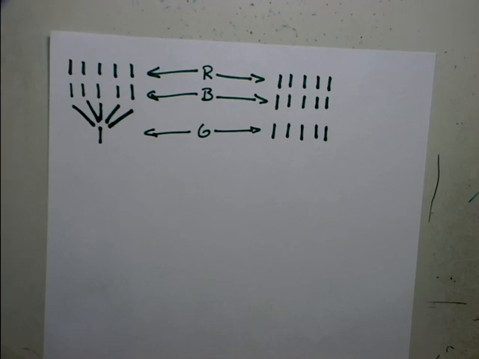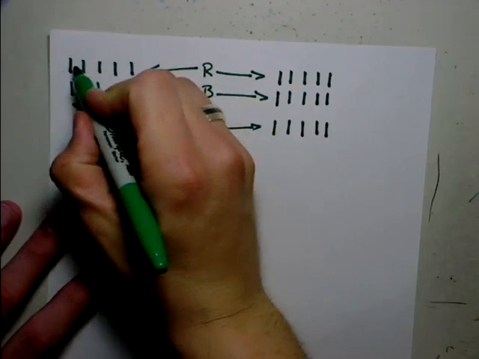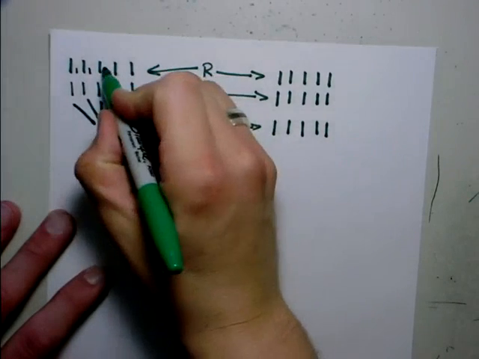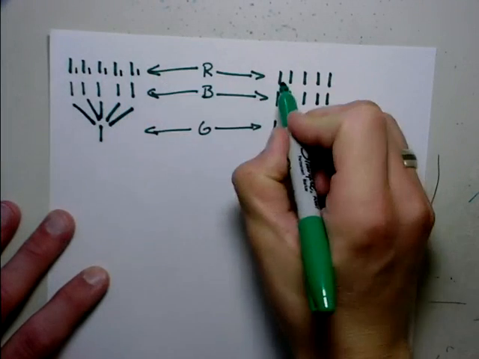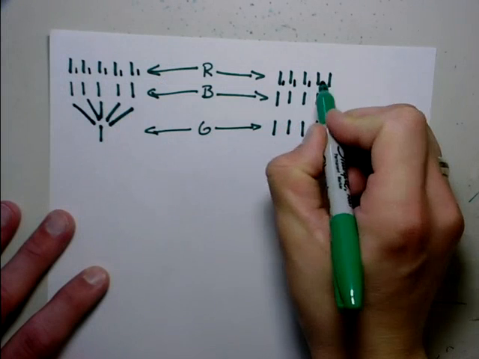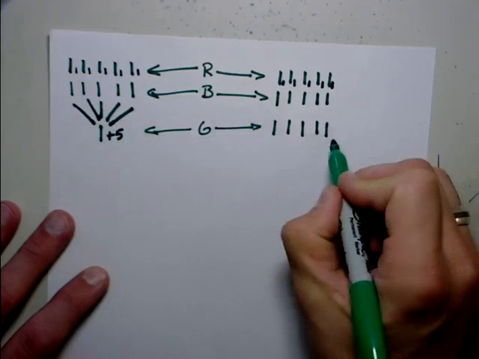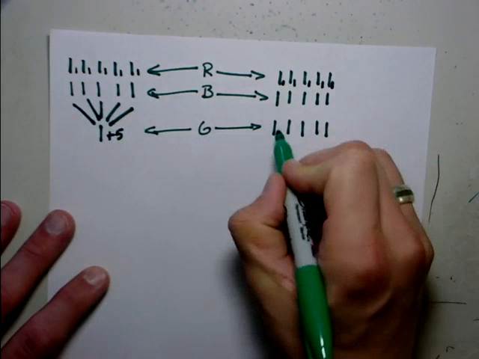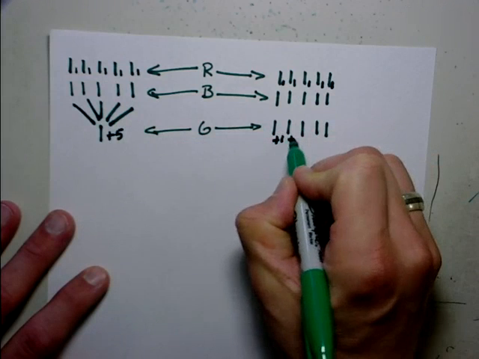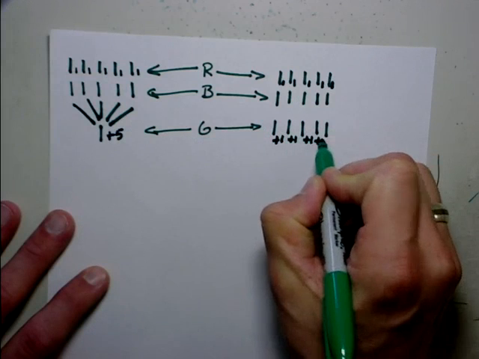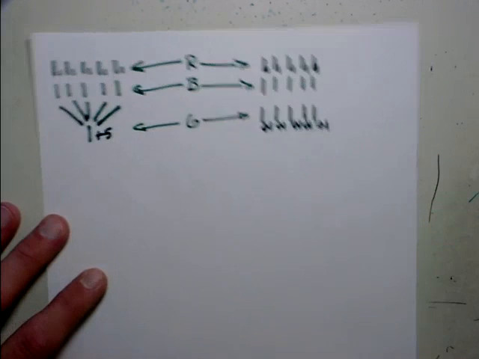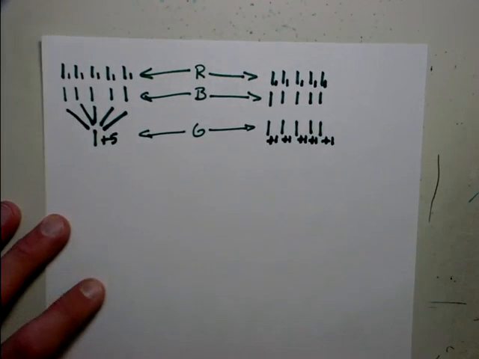So, let's say a low intensity light comes in and gives us an excitation unit of 1 to each of these receptors. That transfers down and we get plus 5 over here, but each of these only gets plus 1.